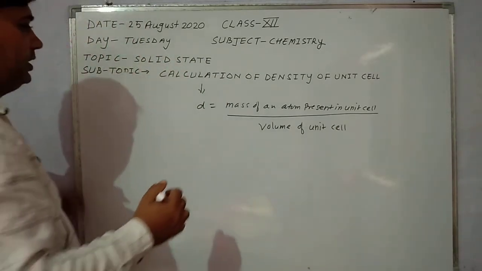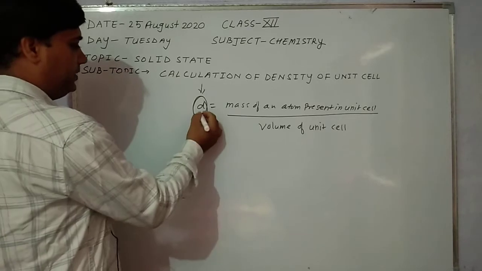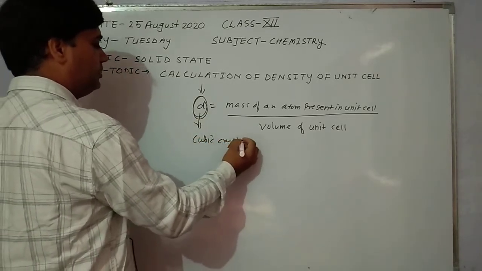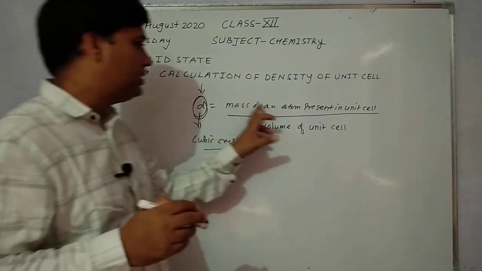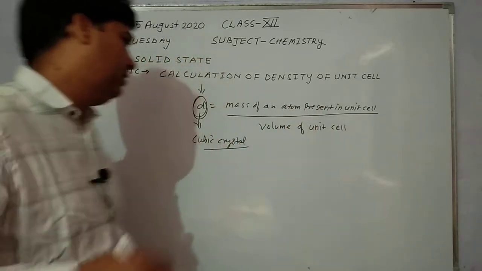So for the calculation of density of unit cell, that is related to a cubic crystal. Density of a cubic crystal is equal to mass of atoms present in the unit cell divided by volume of unit cell.